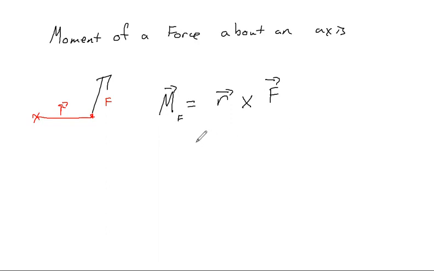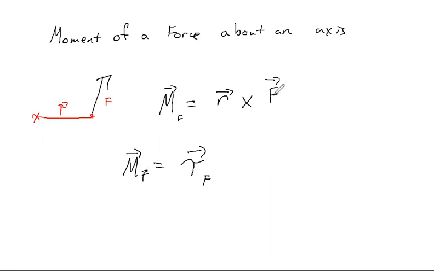Because this one is a special combination, we will give it a name. The moment of a force is also called the torque due to the force. So the torque due to a force is the moment that the force produces.